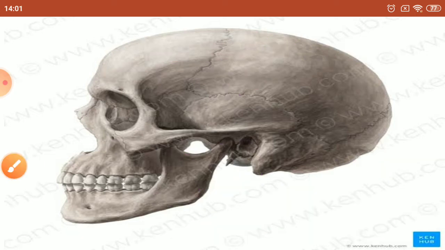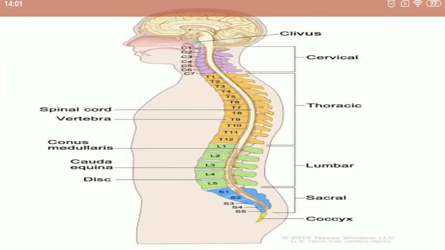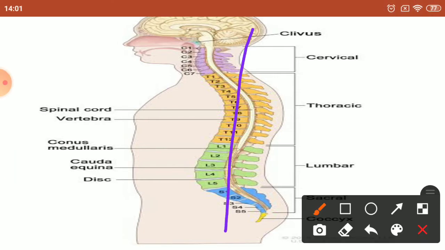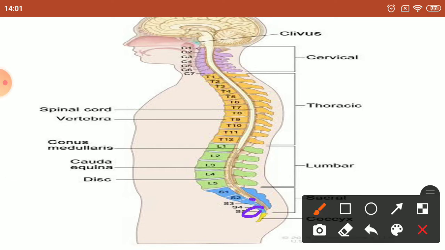Now let us move to the next part of our skeletal system, that is our backbone. The backbone forms the main axis of our skeleton. If you observe carefully, it is made of small ring-like bones.